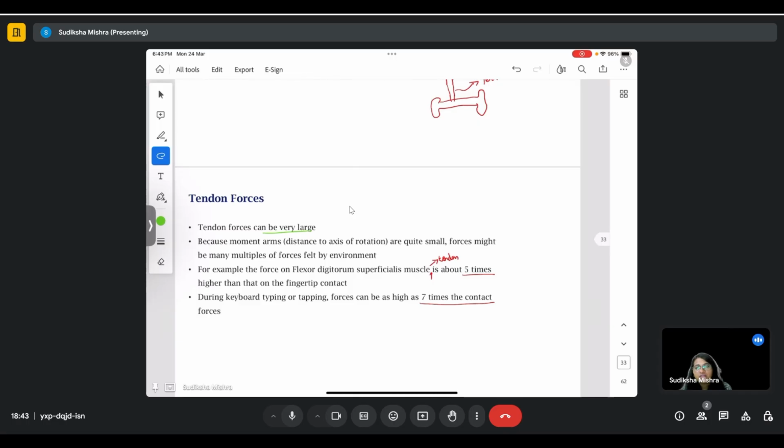The forces are very large compared to what the surrounding environment will feel. The forces in the tendon are very large compared to the environment.